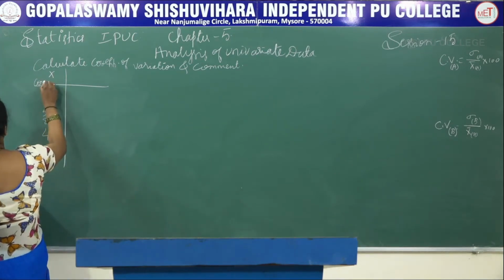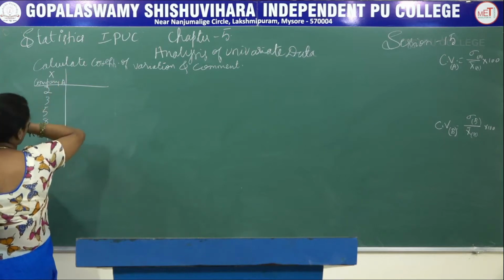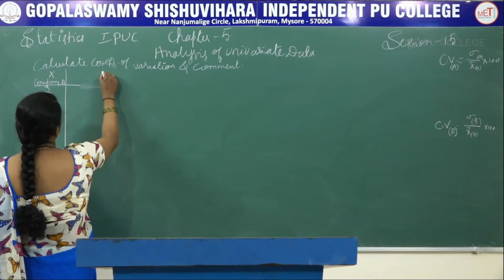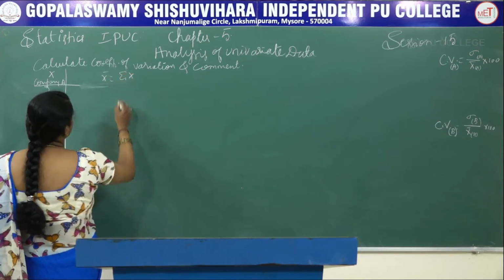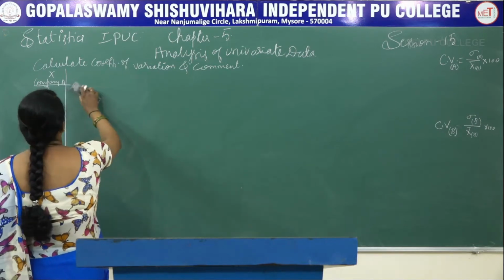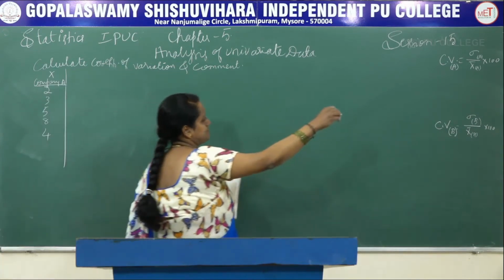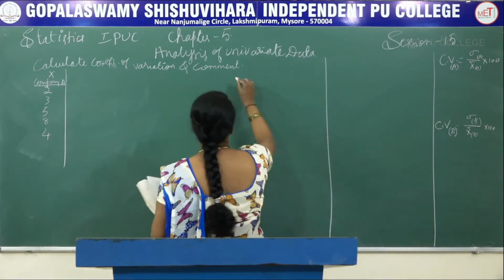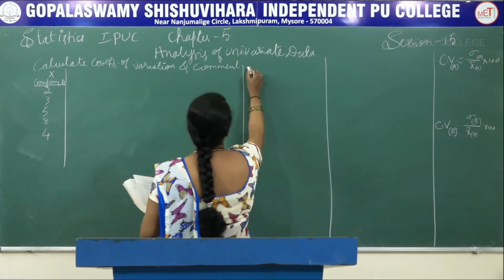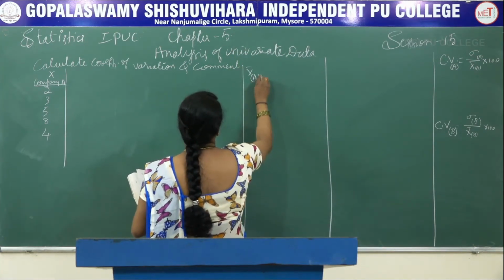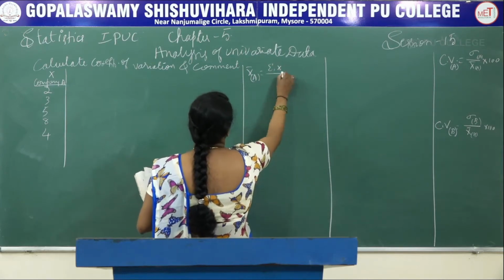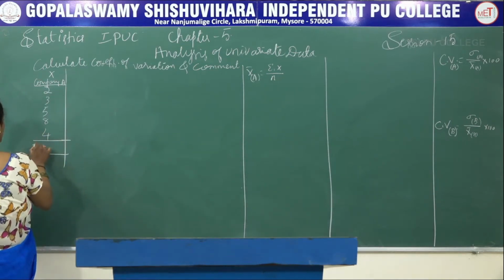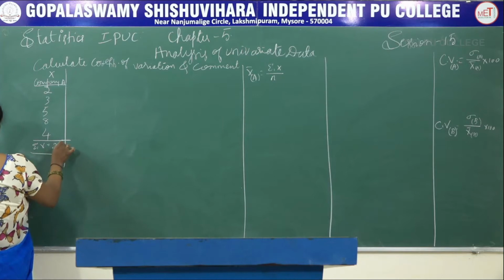X is nothing but company A. To calculate this, X bar is equal to summation of X divided by N. So first I want to find X bar of A, that is company A. Summation X value is equal to 22.